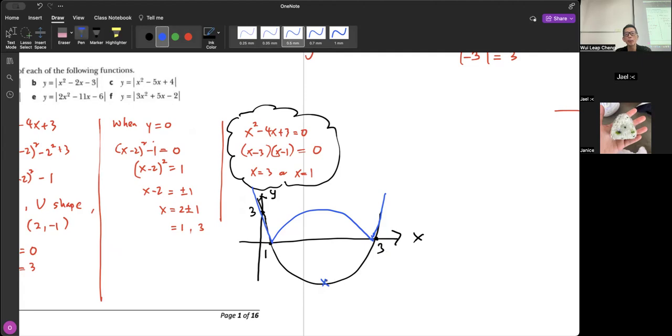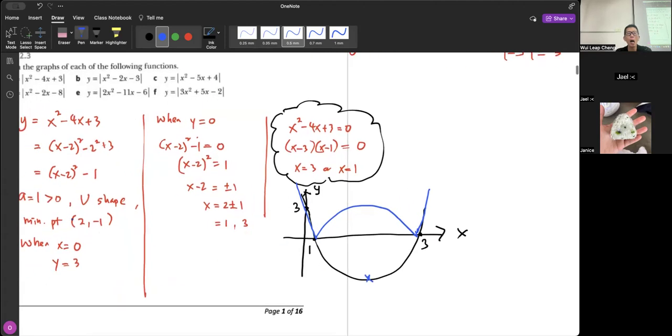What is this point, Benedict? Which this point? Lowest point. Minimum point 最低点. (2, -1). If it's reflected, 反过来是多少? This one, the x value no change. The y value from negative will become positive. So what is this one? (2, 1), correct.